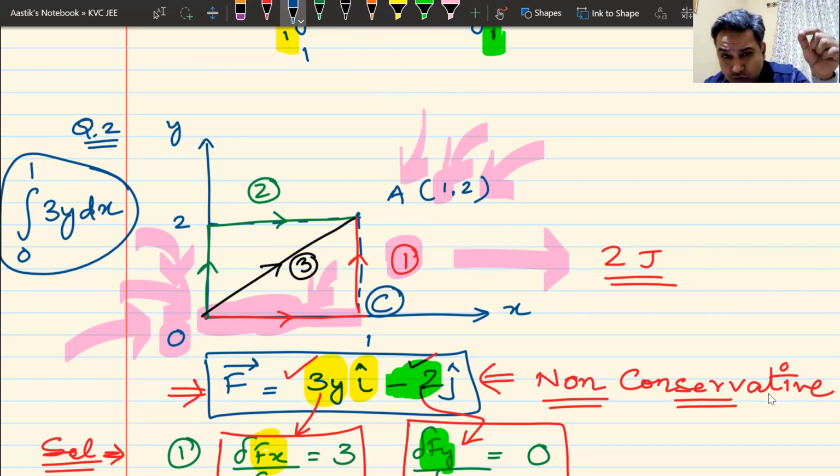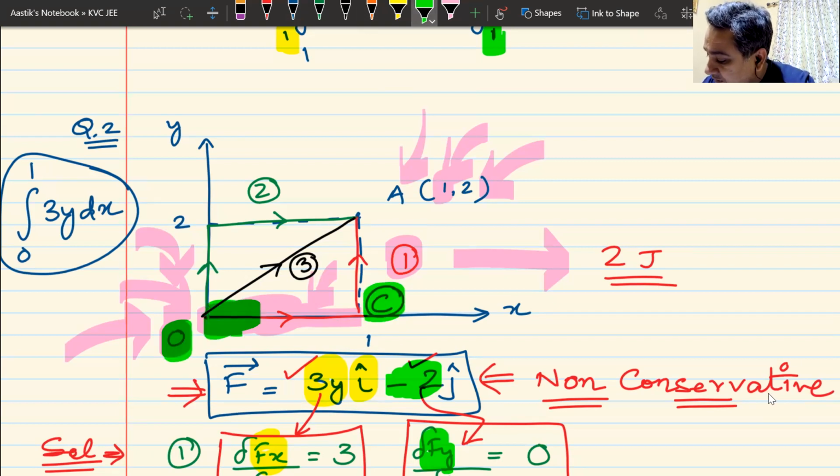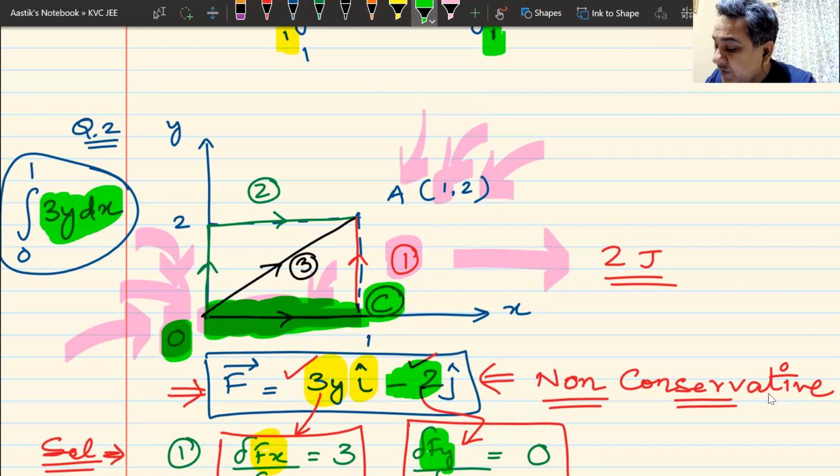When I'm going from O to C, I'm now concerned about this path. Let me use this green pen. I'm going from O to C, and in this path, I have to calculate 3 times y dx.